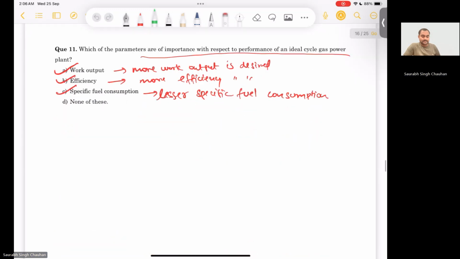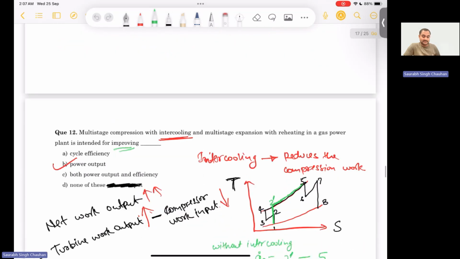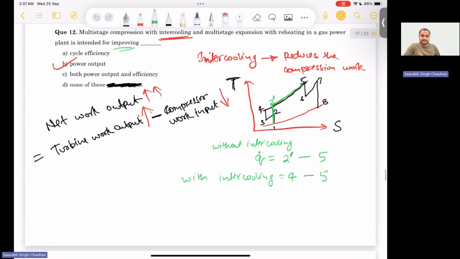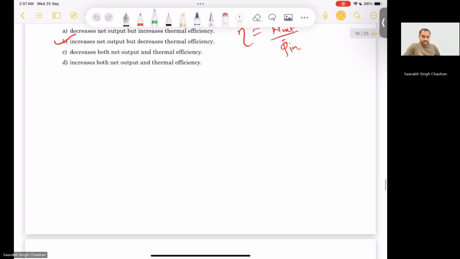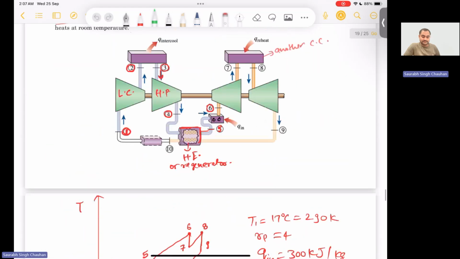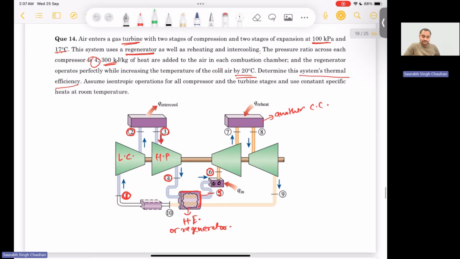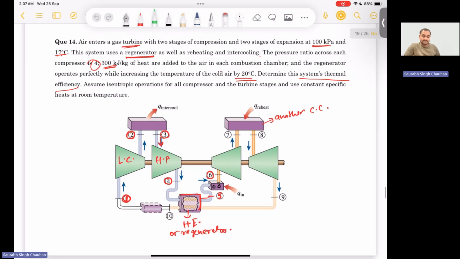Okay, we discussed that work output, efficiency, and specific fuel consumption are very important parameters. Then we solved a numerical question related to a gas power plant which has a regenerator. A regenerator is basically a heat exchanger, along with reheating and intercooling.